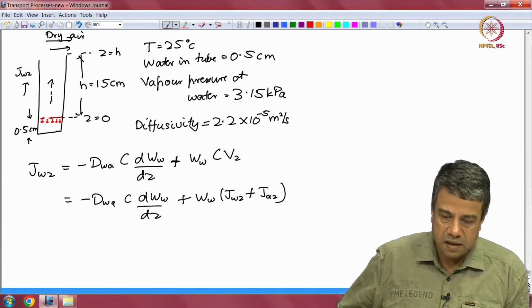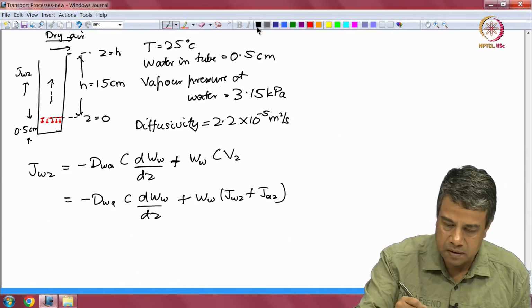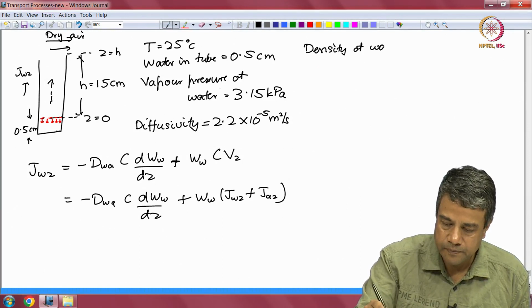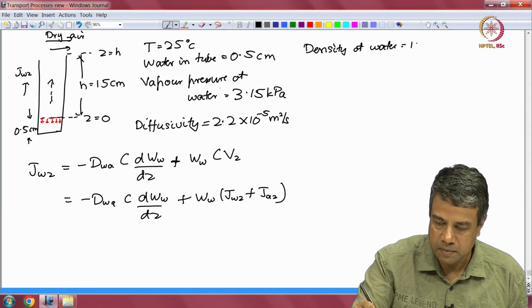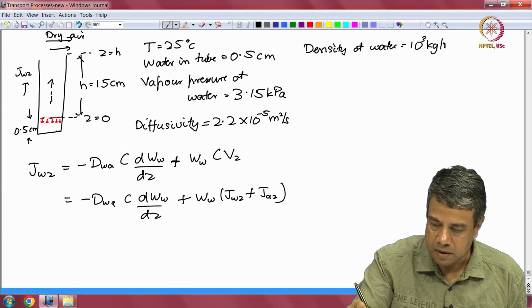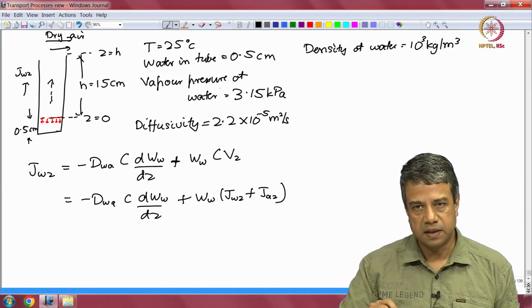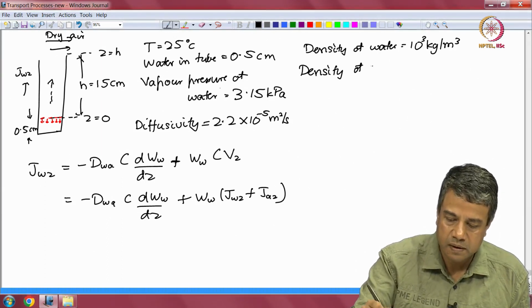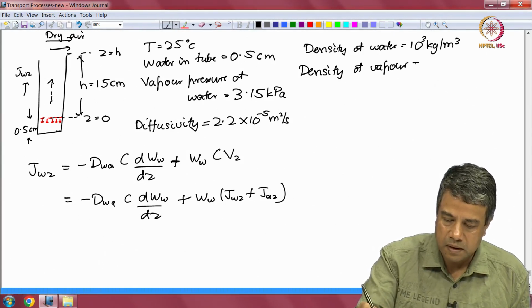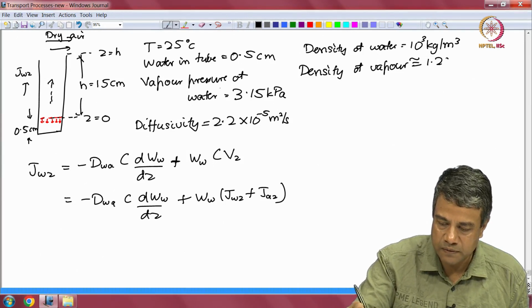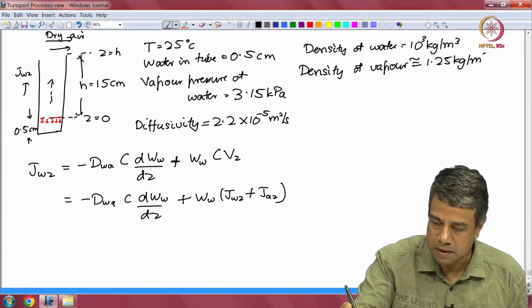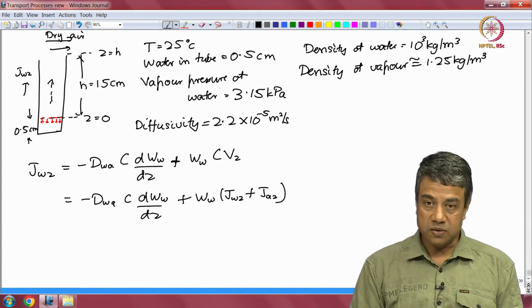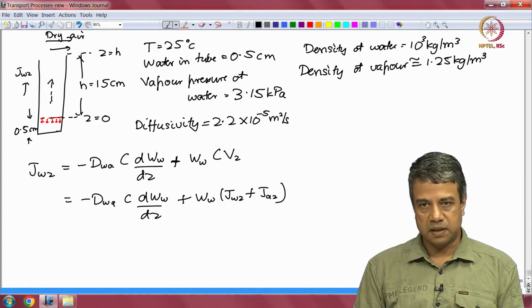However, the density of water is about 10 power 3 kg per meter cubed, and the density of water vapor is approximately 1.25 kg per meter cubed. You know that the density of liquids is about 1,000 times larger than the density of gases.